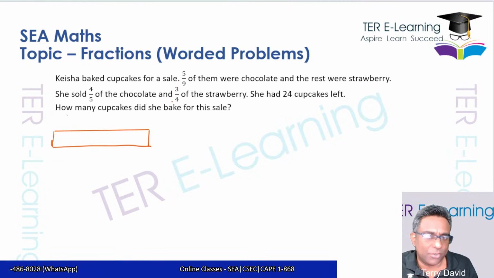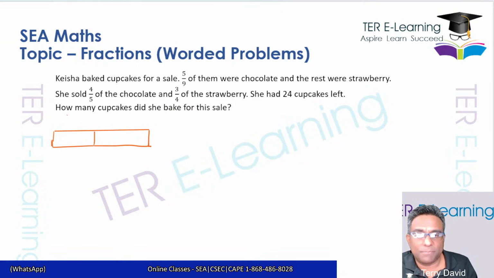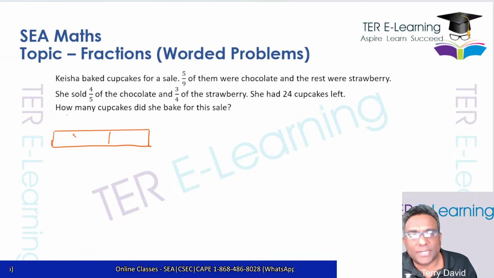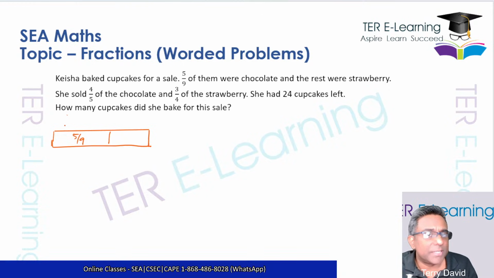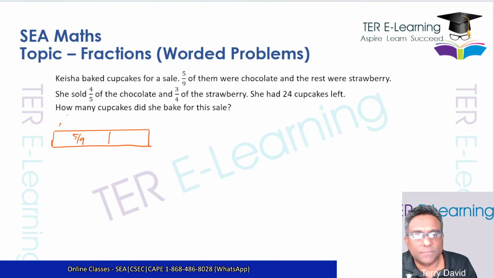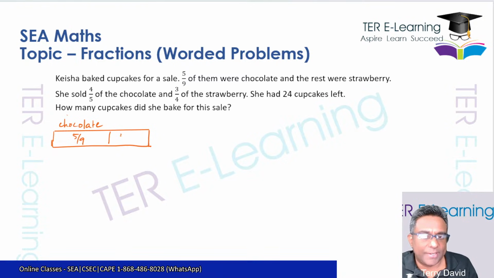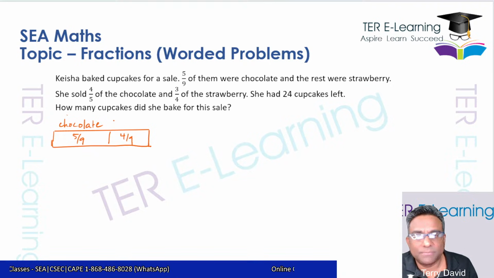They are telling us that 5/9 of them were chocolate and the remainder strawberry. So let this represent our 5/9, which is chocolate. And if that is 5/9, this is 4/9, and that represents strawberry.